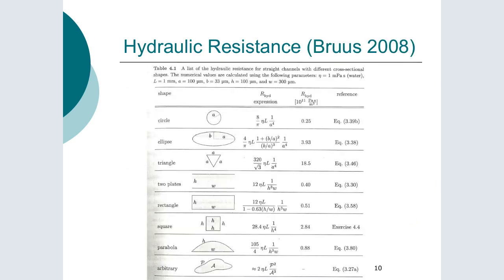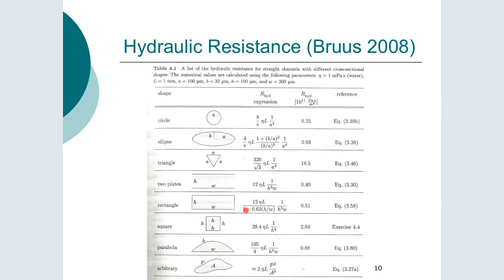So if we develop that, based on our expressions for fully developed flow, we can calculate an equivalent resistance. And this is taken from Bruce's excellent book, Theoretical Microfluidics. What we have are a series of calculations based on the solutions.